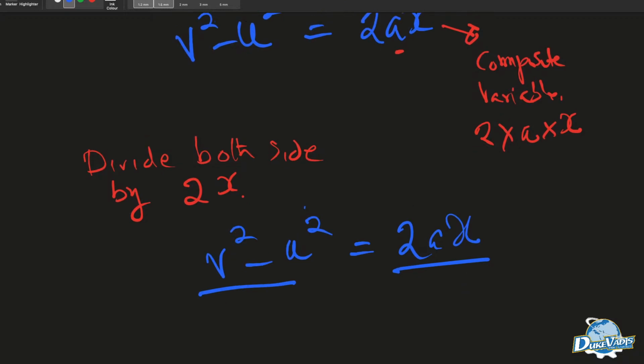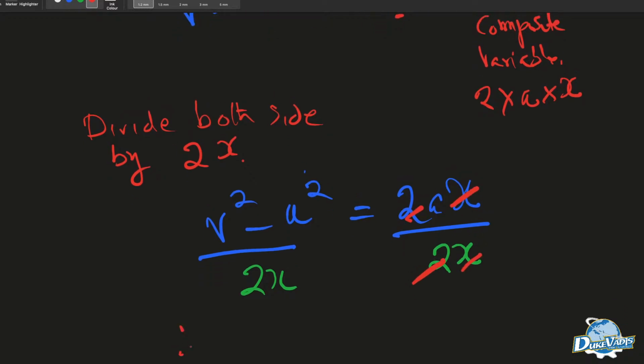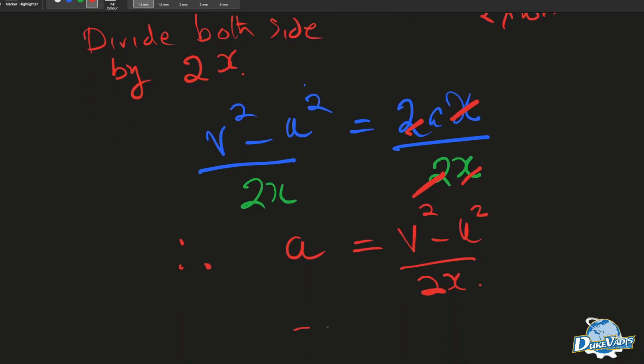When we look at the right-hand side, the 2 will cancel and the x will cancel, and we'll be left with a. So therefore, our a is equal to v squared minus u squared all over 2x. So this is the change of subject for a.